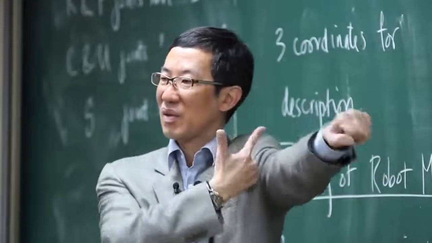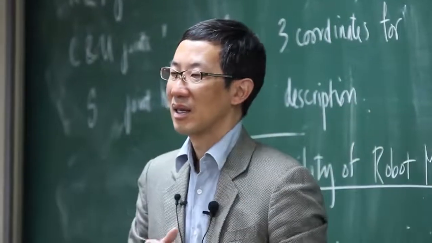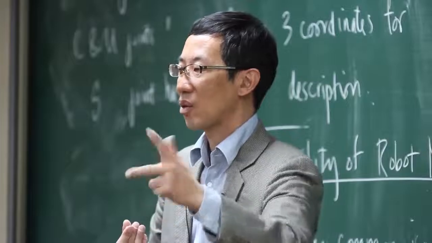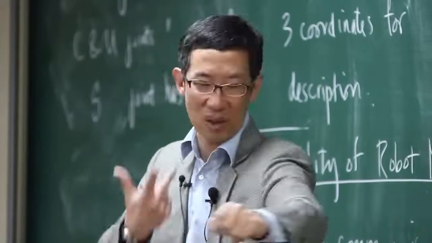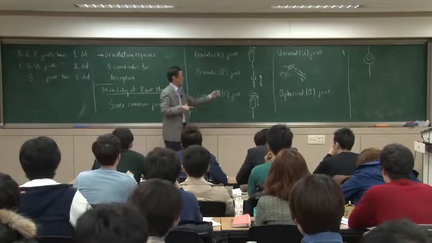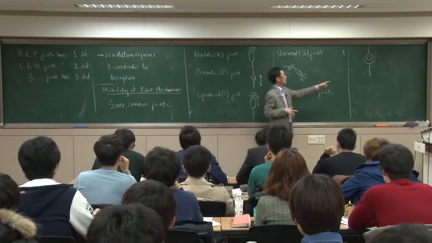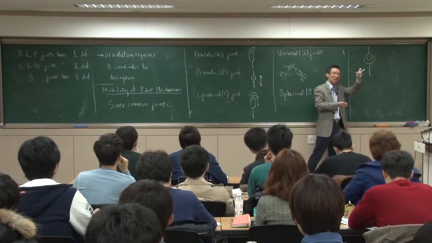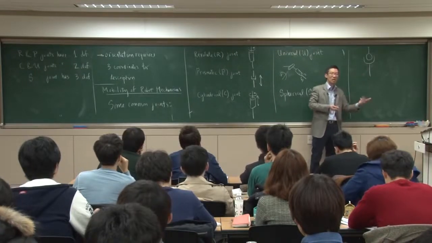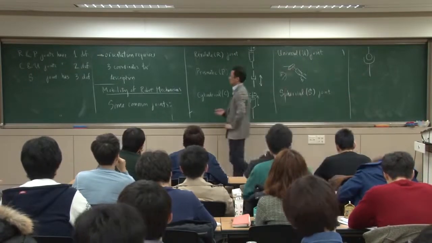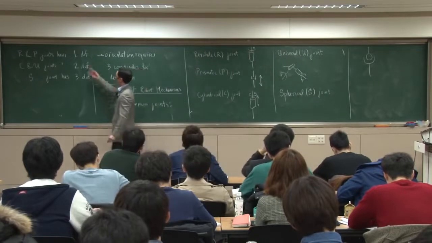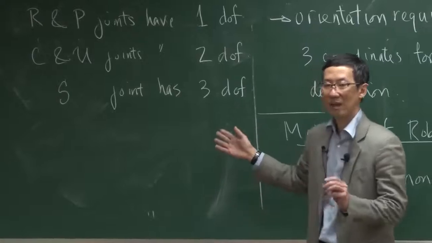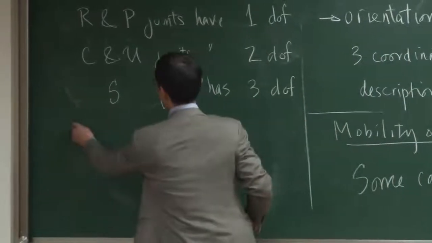You see how my hand is moving? And we know that 3 coordinates are required to describe the orientation. So imagine a reference frame attached to the middle of this joint. We want to describe the orientation of that frame. We need 3 coordinates. So we have 1 DOF joints, 2 DOF joints, 3 DOF joints. This should be pretty clear.